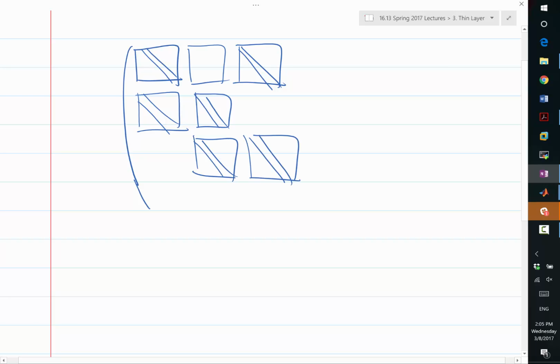And then the boundary condition has a 1 here and a 1 here and here. So this is the whole matrix we got last time. It's not bidiagonal at all.